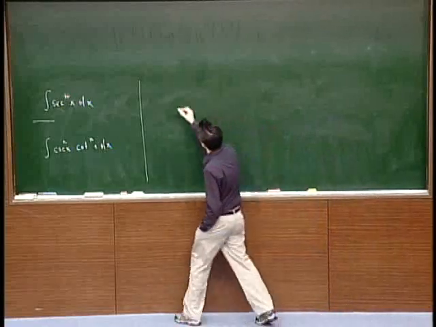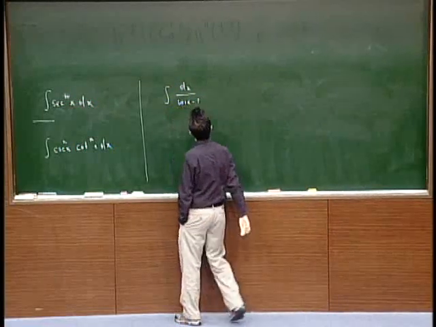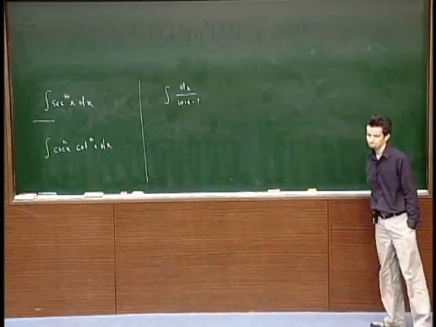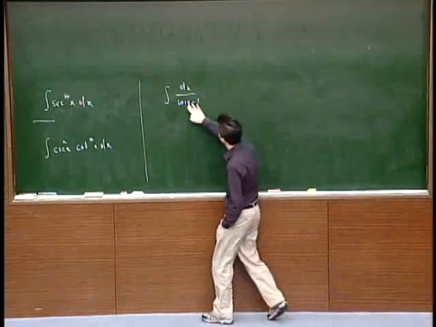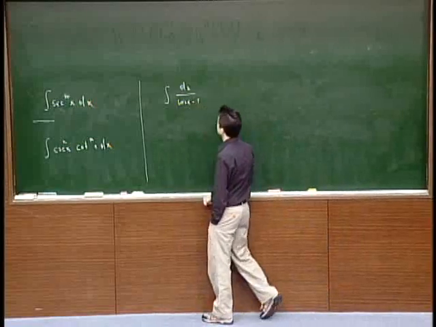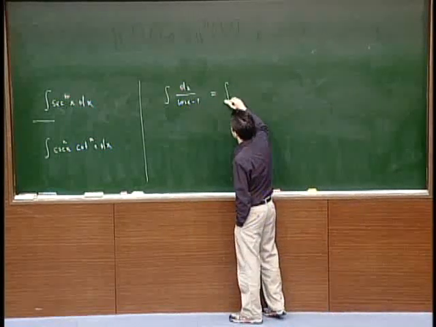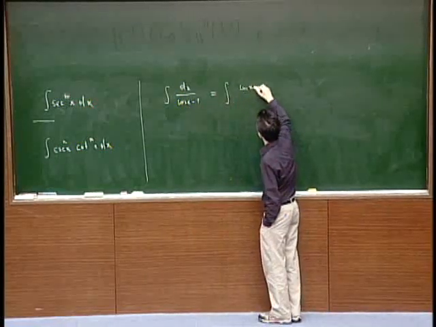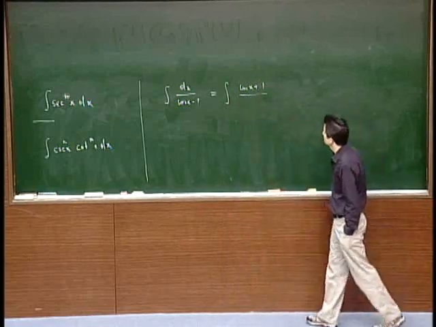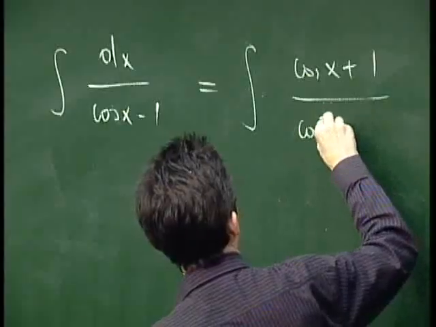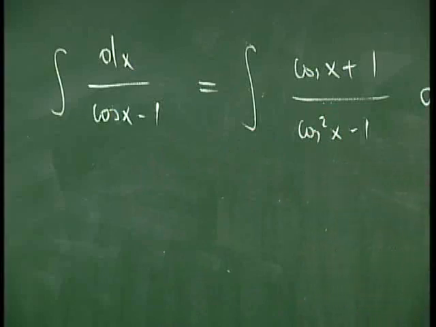For instance, another one would be this one. So how to solve this? Now, the obvious trick to do this is you multiply numerator and denominator by cosine of x plus 1, because then you have cosine squared of x minus 1 in the denominator.